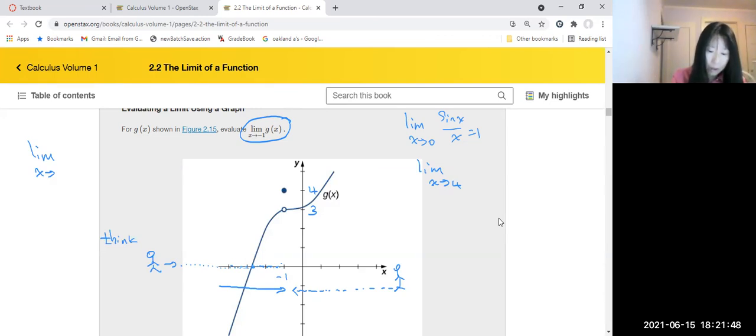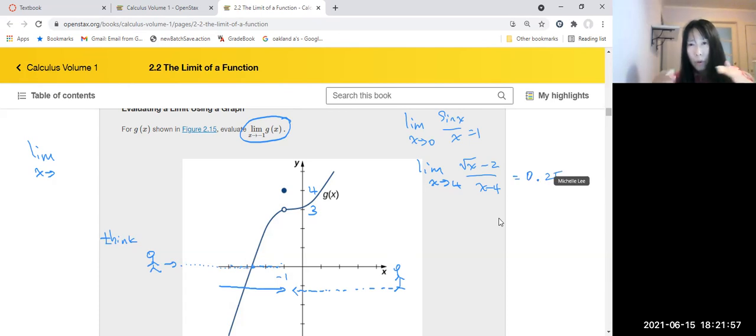We have -2, it's -4, okay? Both of them have a hole, right? Because when x equal to 0, this is undefined, right? When x approaches 4, this is also undefined, right? That's why they must have a hole there, okay? So does this one, there is a hole.